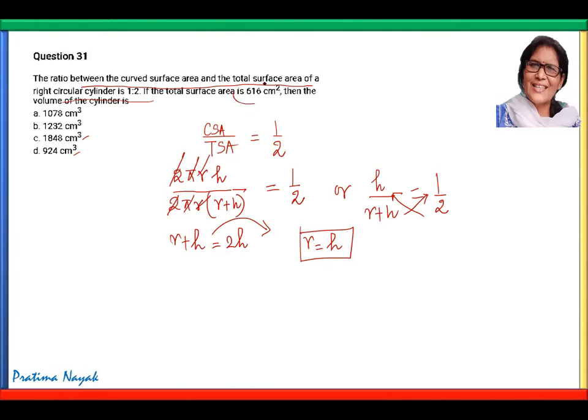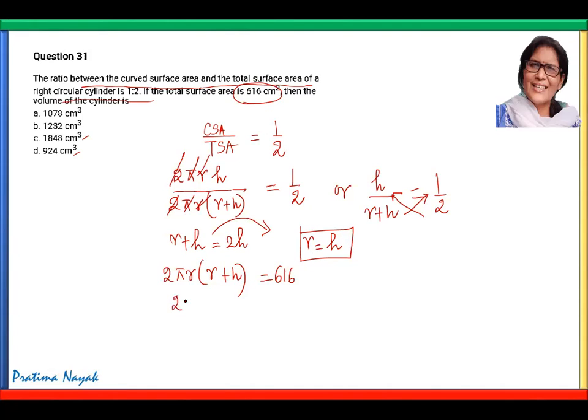Now coming to total surface area. So total surface area is 616. So 2 pi r within bracket r plus h is equal to 616. So in place of r, I can write h, or in place of h, I can write r.